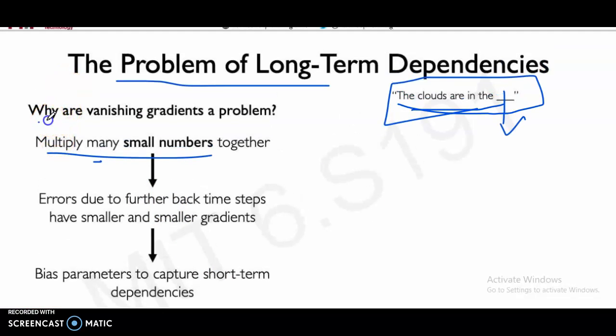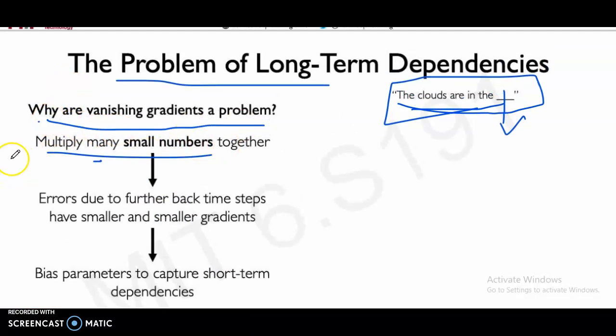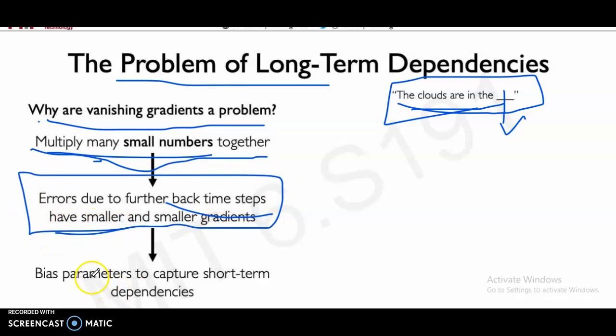Same. Why are vanishing gradients a problem? Multiply many small numbers together. Errors due to further back time steps have smaller and smaller gradients. Bias parameters to capture short-term dependencies.